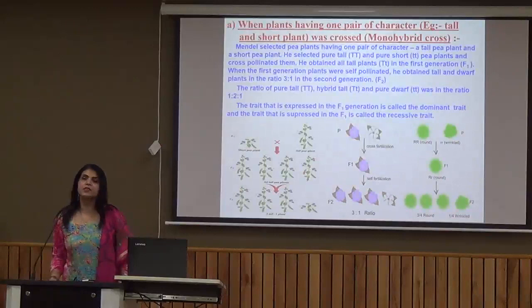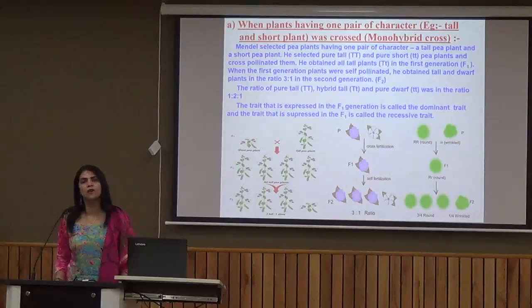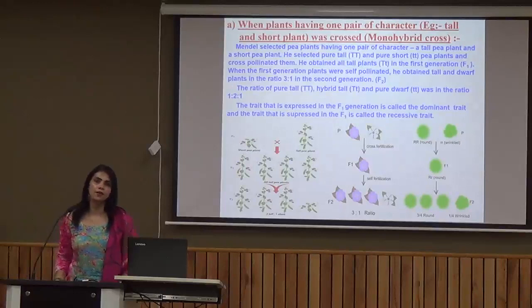The first experiment conducted by Mendel took into consideration one pair of contrasting traits. He chose a tall pea plant and crossed it with a short pea plant. In the F1 generation, the first filial generation, he observed that all the pea plants obtained were of tall height.